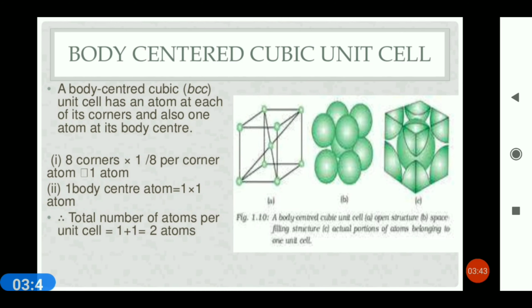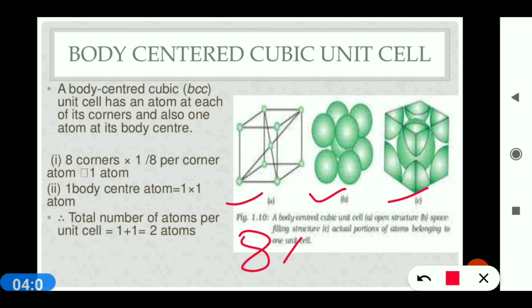Body centered cubic cell, in this you know very well. You can see the different diagrams. This is the crystal structure diagram, the first one. This is the actual arrangement of particles, and this is the bifurcated one. So in case of the body centered, as you know, 8 particles are at the corners. So their contribution will be 1 by 8 like the primitive, plus 1 particle is at the center.